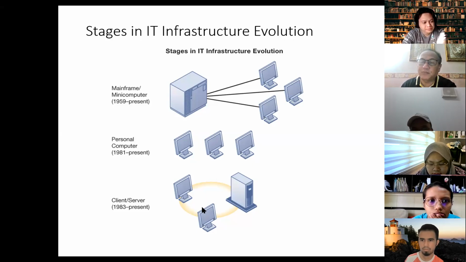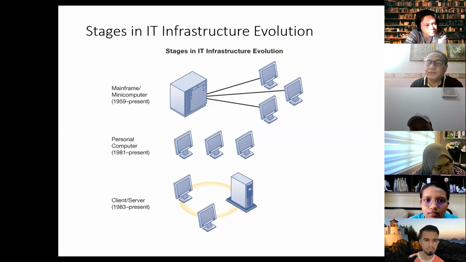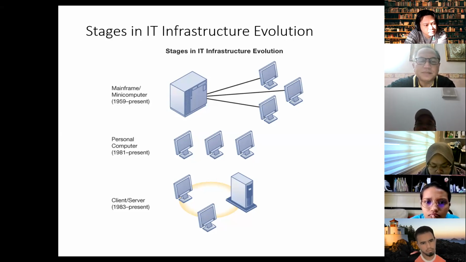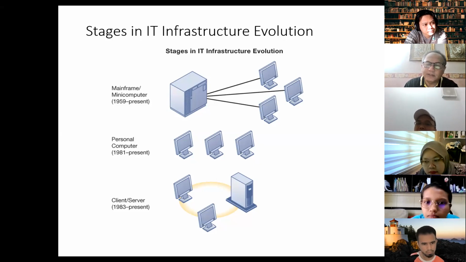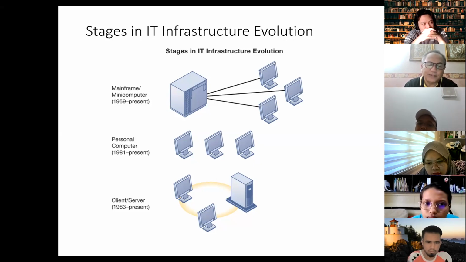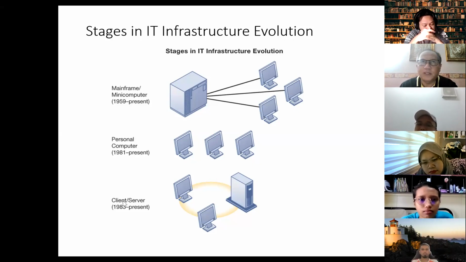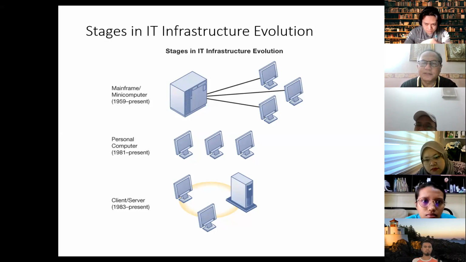Okay, after this advent of computers, we move into mainframe. Mainframe was from 1959 until present. And then we have personal computers in 1981 until present, and then we have client server computers. So there are still mainframes being used today, especially in the banking and telecommunication sector.